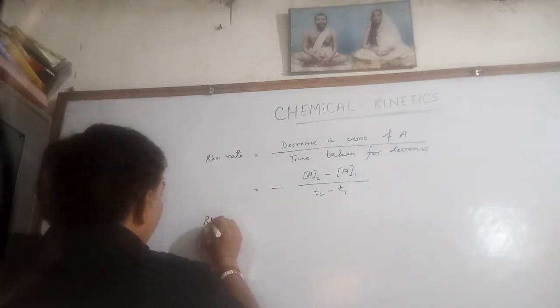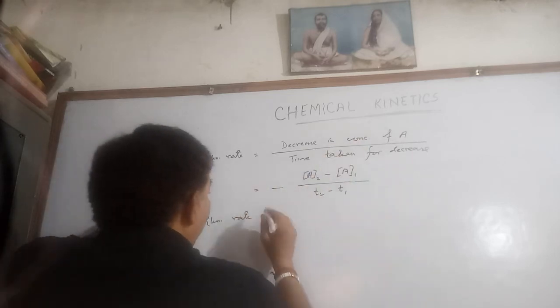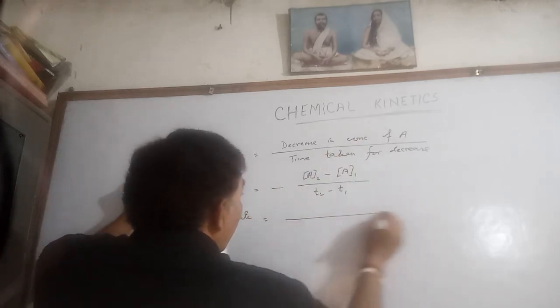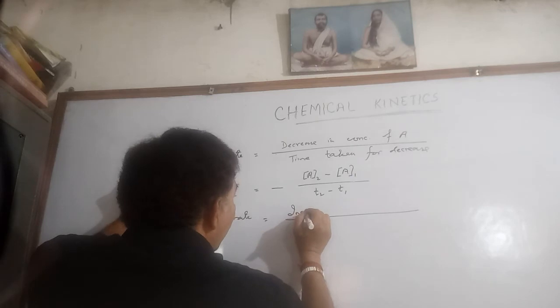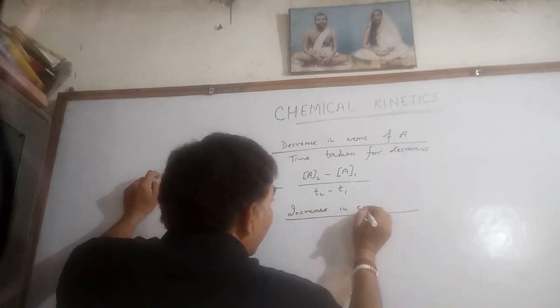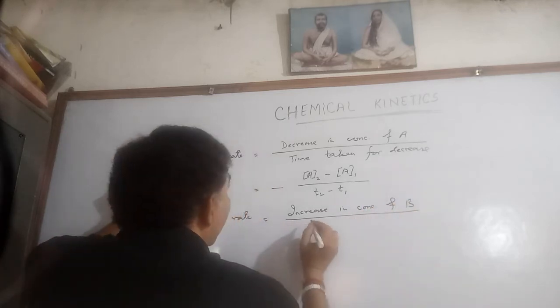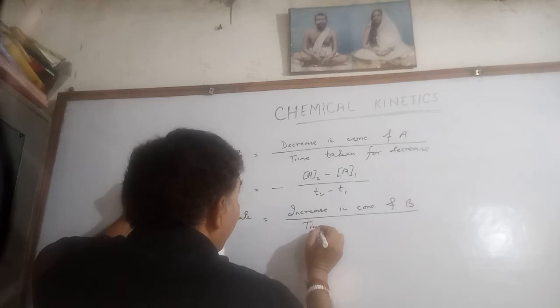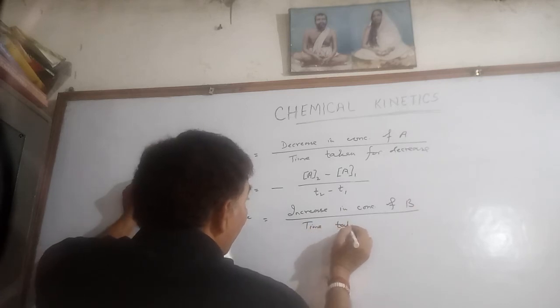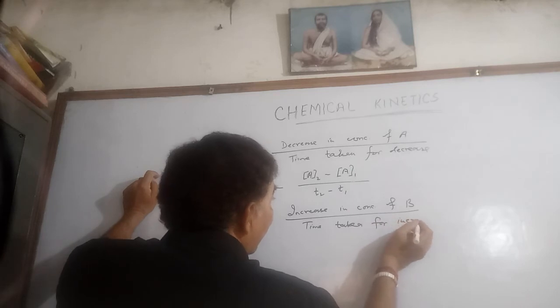Another one is reaction rate in terms of B. Increase in concentration of B by time taken for increase.